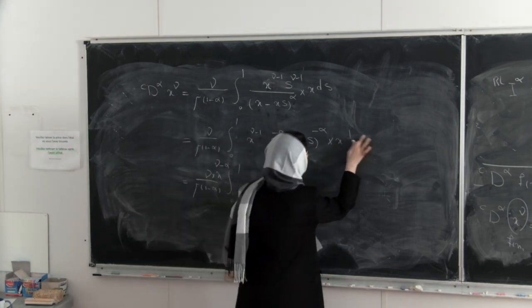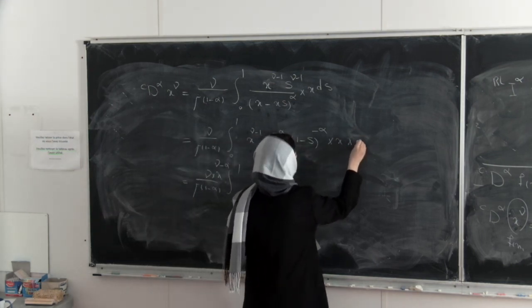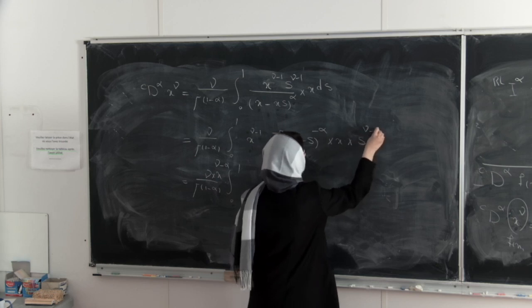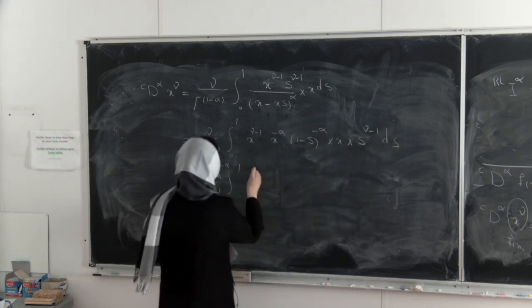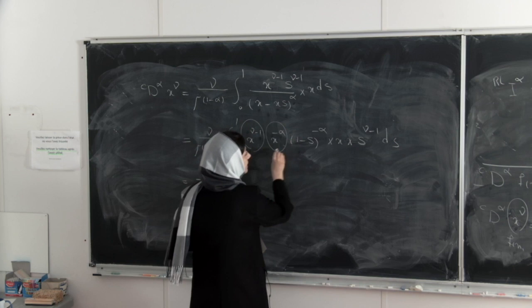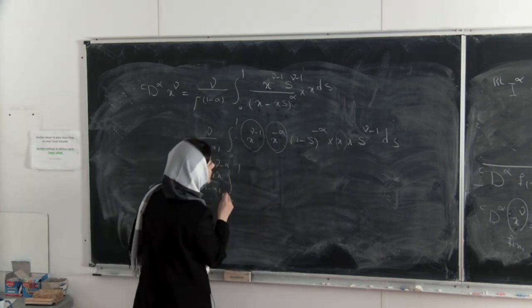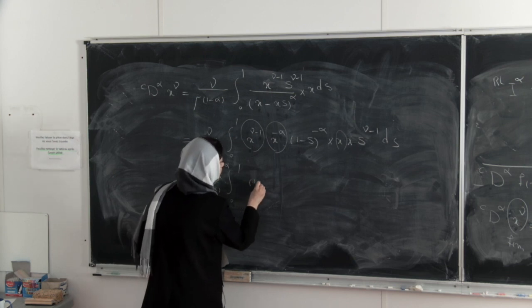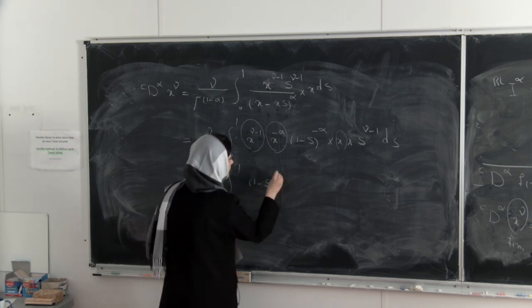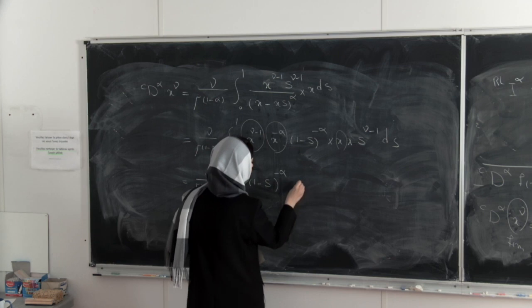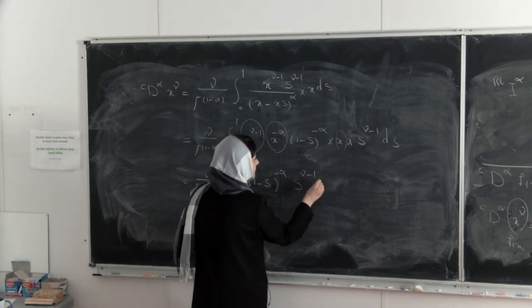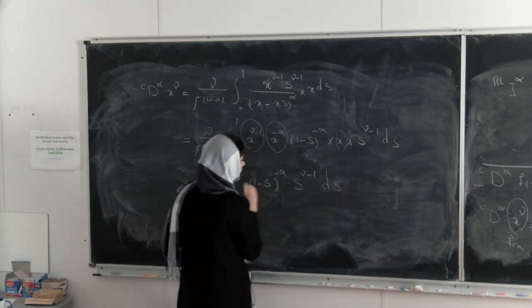So in this part, I should write s to the nu minus 1 ds. For x, we have this term, it's correct. And for s, we have 1 minus s to the minus alpha times s to the nu minus 1 ds.